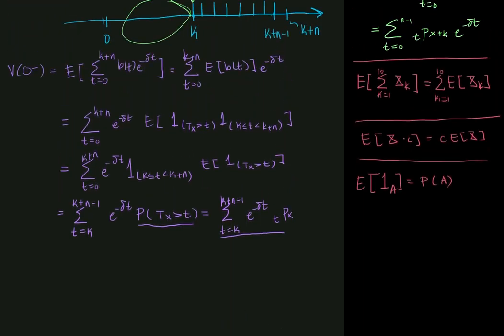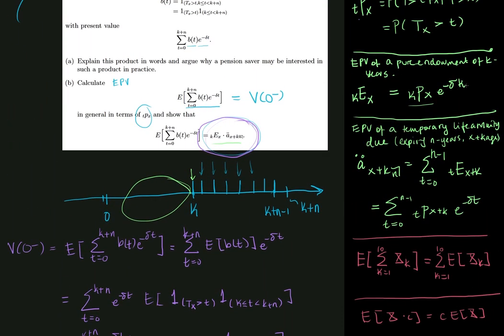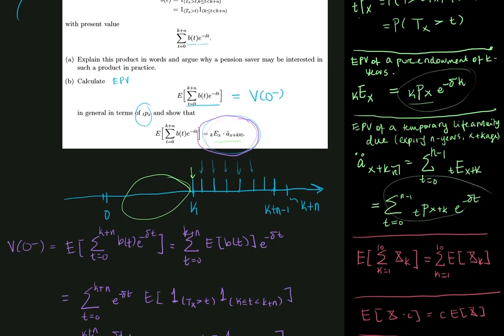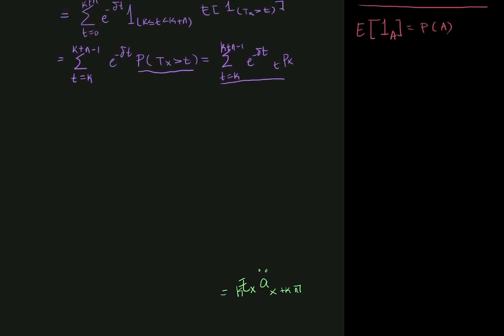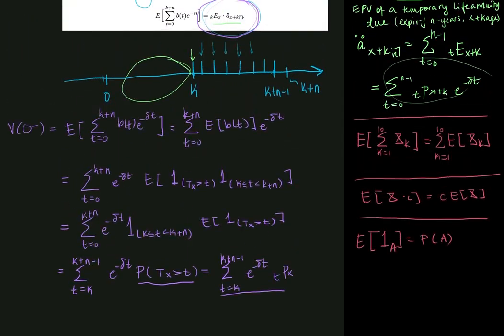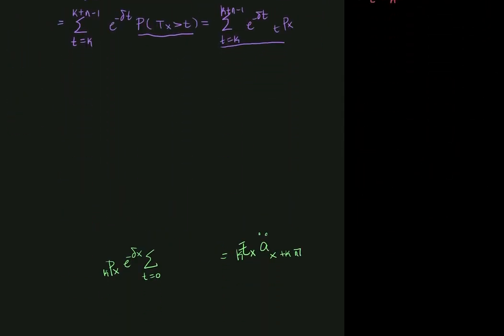Now, as we established earlier, we actually know the expected present values in both cases are these two. So we can actually just plug these values in down here. So what I had, just by copying what I have above, is kpx multiplied by e to the minus delta x multiplied by the sum for t going from 0 to, what was it again? t going from 0 to n minus 1.